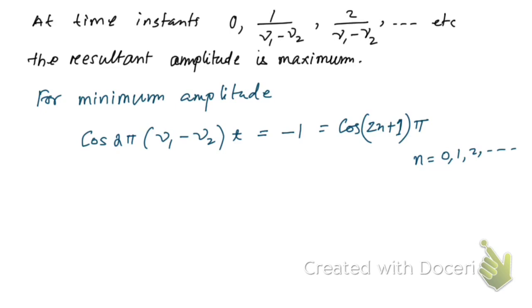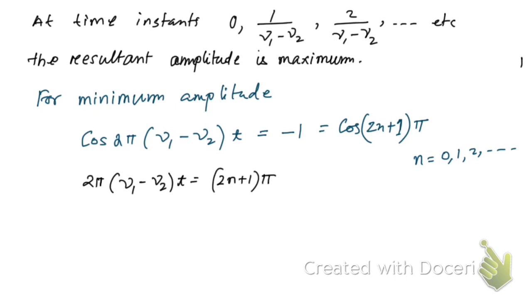Because cos n pi is equal to (-1) to the power n, and if instead of n we take 2n plus 1, which is odd, we get -1. So here we can write that 2 pi (nu1 minus nu2) t is equal to (2n plus 1) pi.